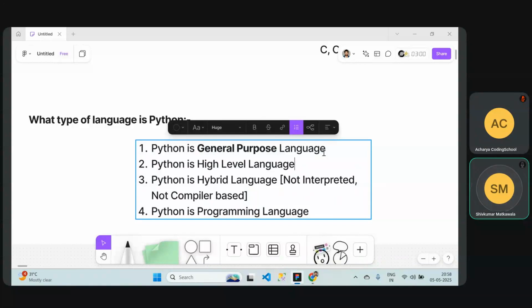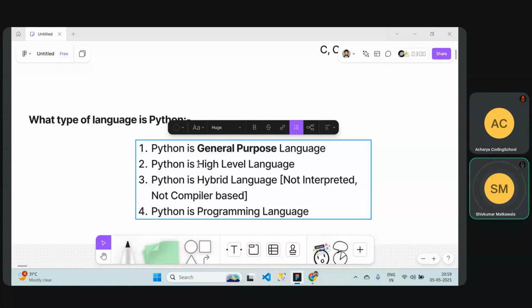So its usage is not specific. We can use it for any purpose, like machine learning, AI, software design, scripting, automation, you can use it anywhere. That is the reason we call it a general purpose language.